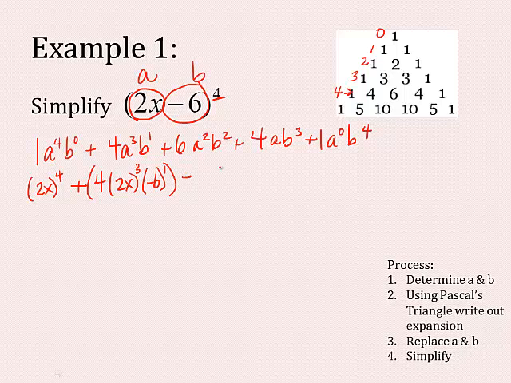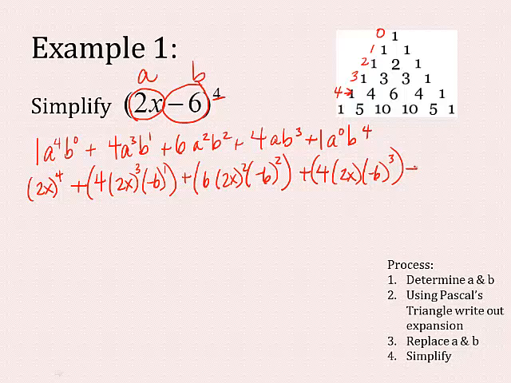Close that parenthesis. 6 times 2x squared times negative 6 squared. Close that parenthesis. Times 2x to the 1st power times negative 6 to the 3rd power. Close that parenthesis. 1 times other stuff is still 1. A to the 0 is 1. So then I just have negative 6 to the 4th power.